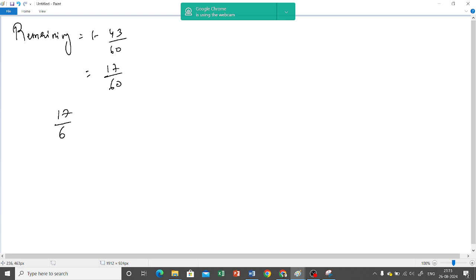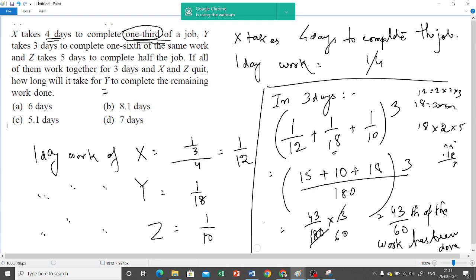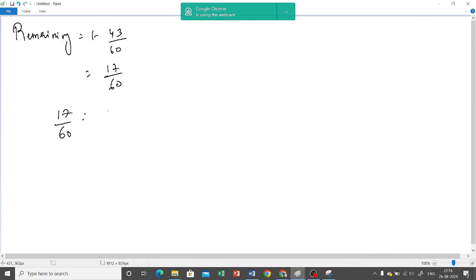So 17/60 is equal to, Y's 1 day work is 1/18, that is going to be Y/18, because 1/18 is the amount of work done in 1 day. So if Y takes Y number of days, then Y into Y/18, and that is going to be 17/60.